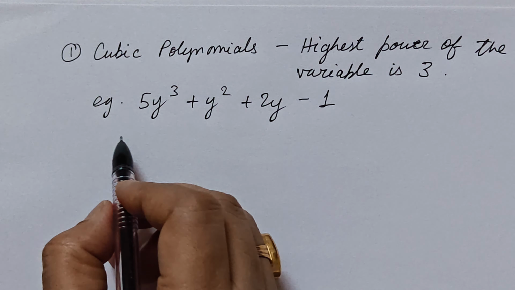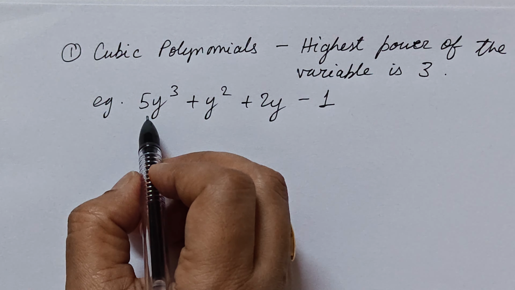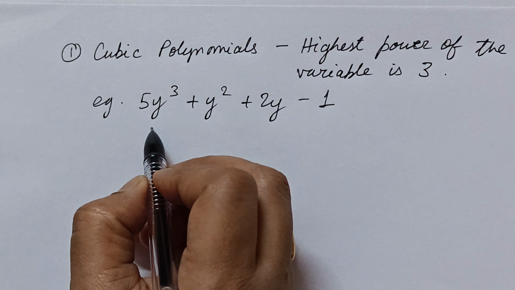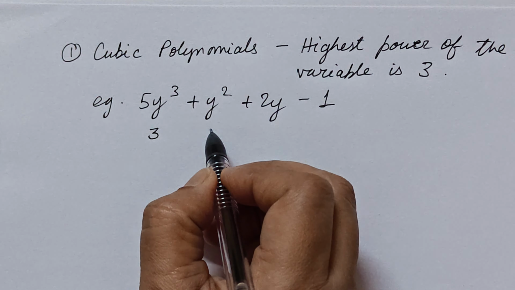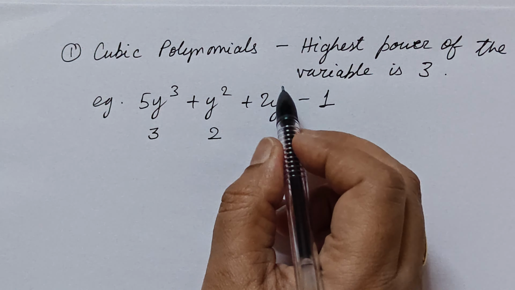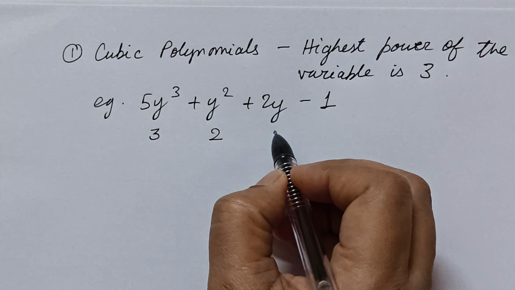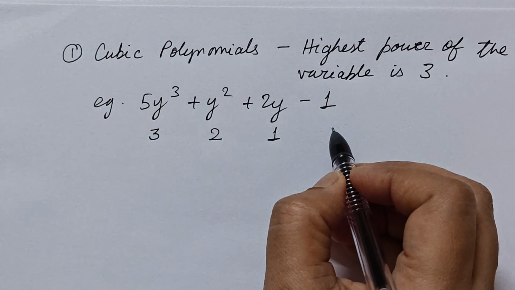We will write the power of each term. This is 5y cube, so the power is 3. This term, the power is 2. This term 2y, the power is 1. Here no variable is written, that means the power is 0.